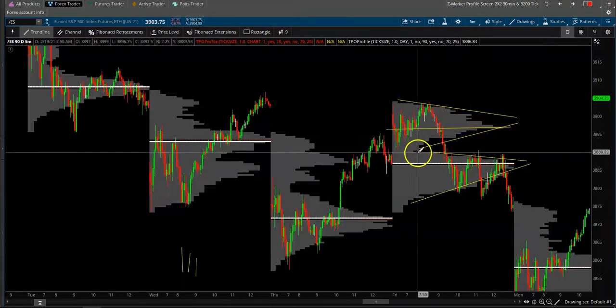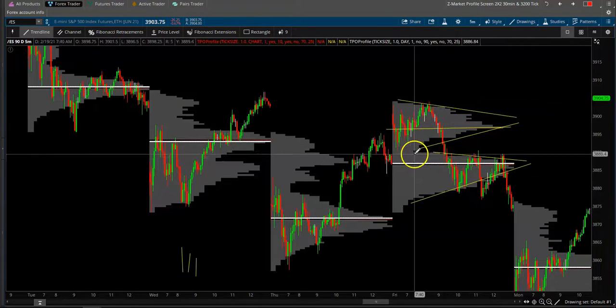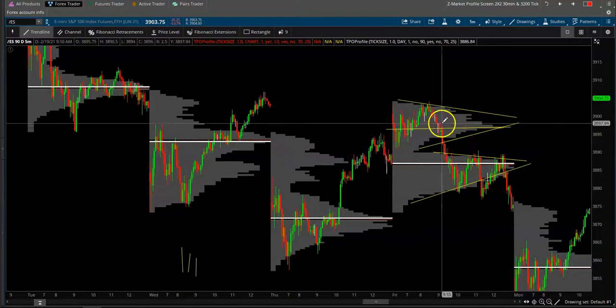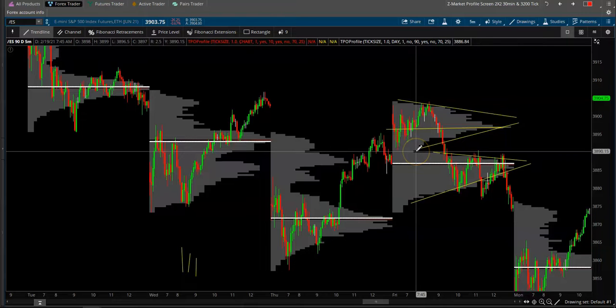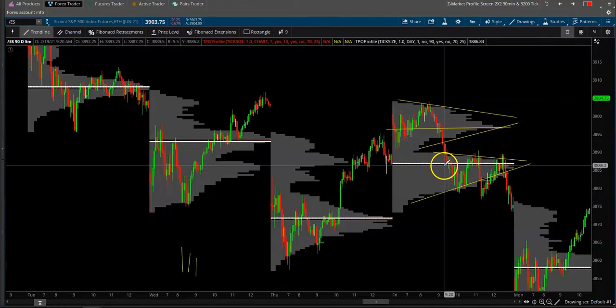Now, this little area is what's called a low volume node. As you can see, very little time and price was spent here, meaning not that many contracts traded at this 38.90 level, because we fell right through.